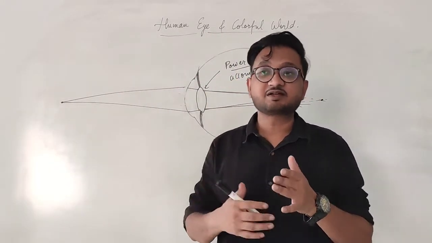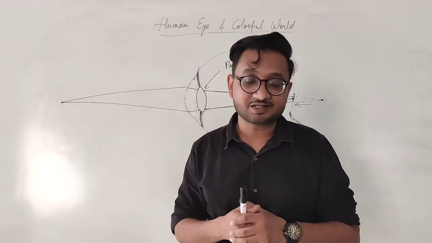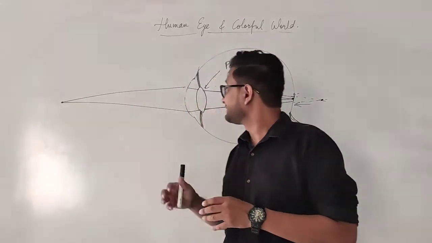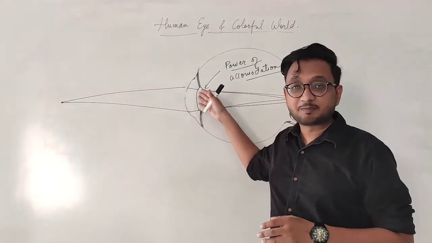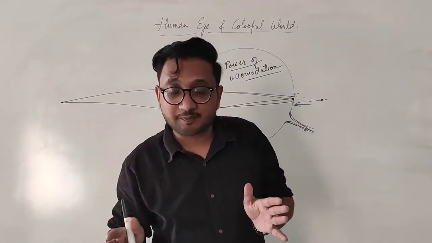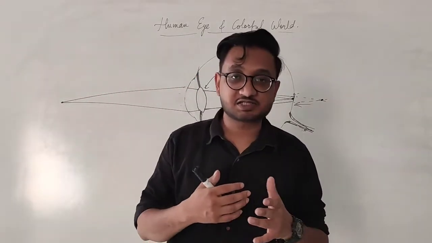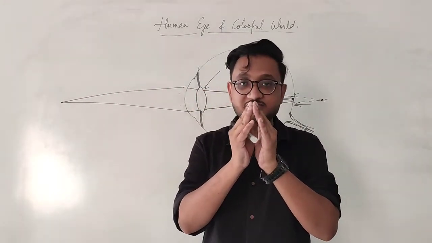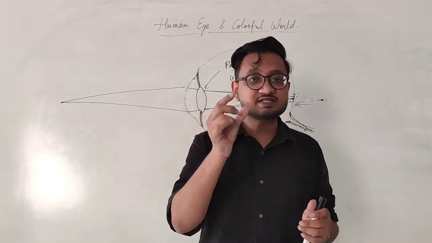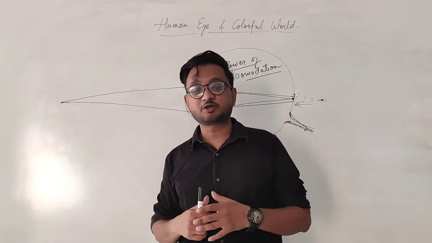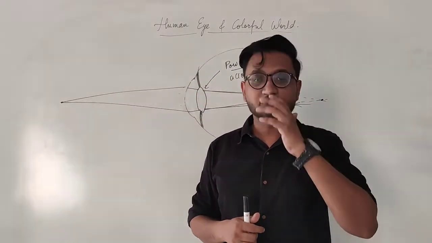Now the defect develops. Remember, it is a defect, it is not a disease in our eyes. The power of accommodation does not happen. That means our eye lens loses its ability to change shape. Sometimes the lens does not change shape as required. It can only move slightly, which is not good enough, and therefore we require suitable spectacles.